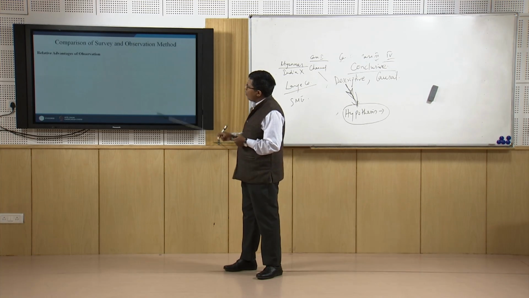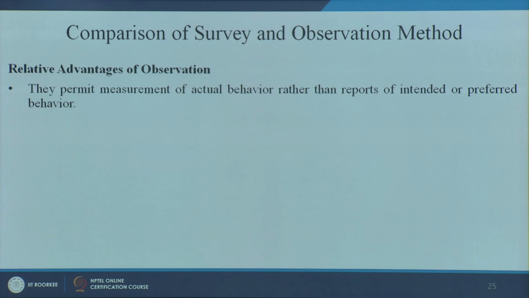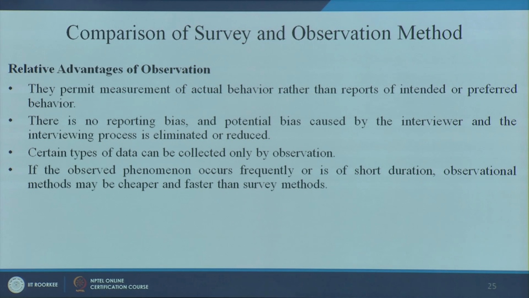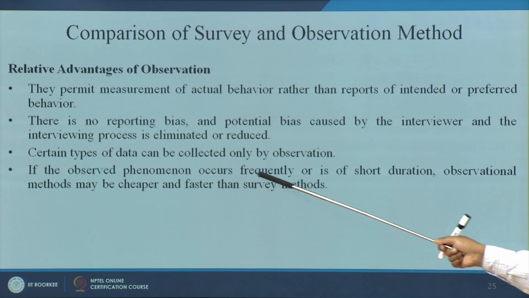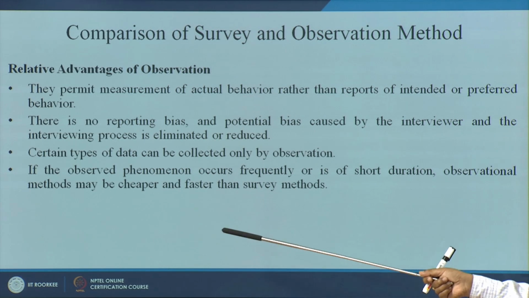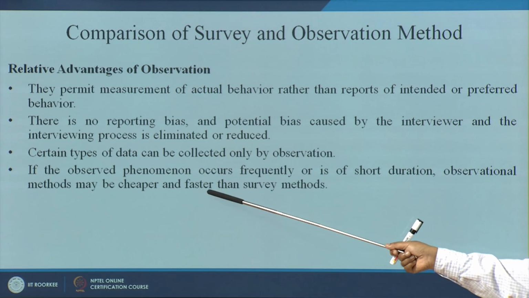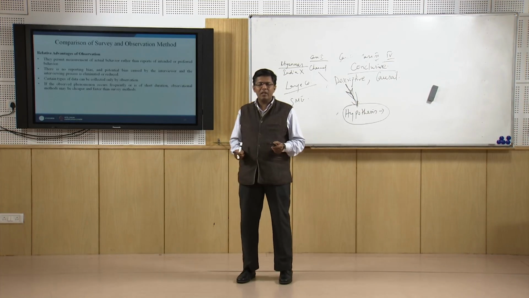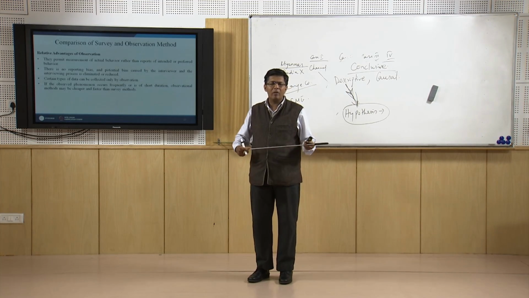So observation obviously has advantages, right, because it is not biased, that is the biggest benefit. If the observed phenomenon occurs frequently or is of short duration, observational methods may be quite better, and may be faster and cheaper than surveys, because surveys take a long time and sometimes are biased.